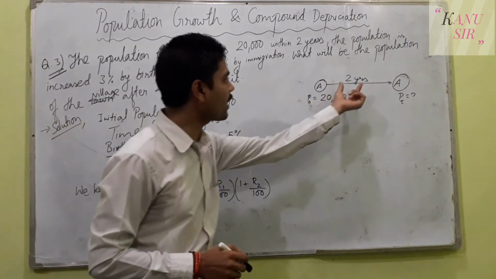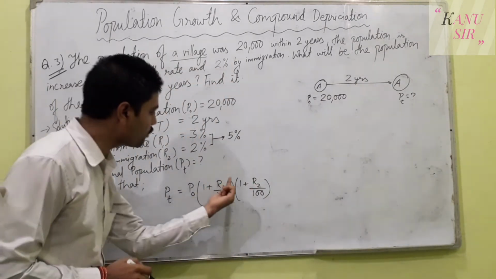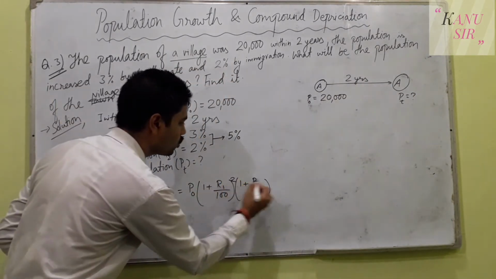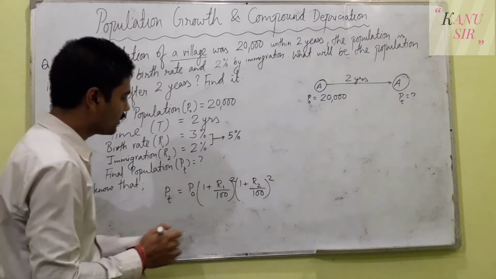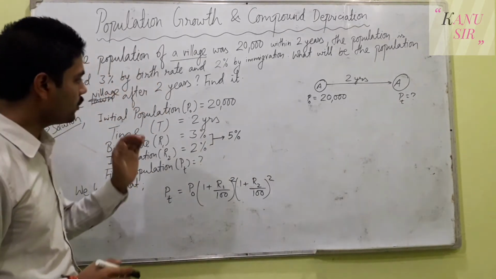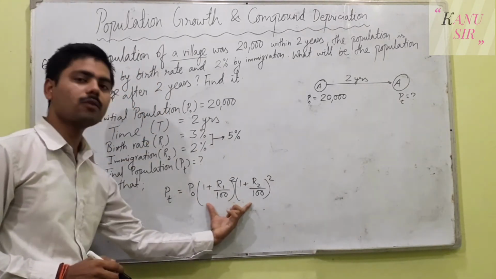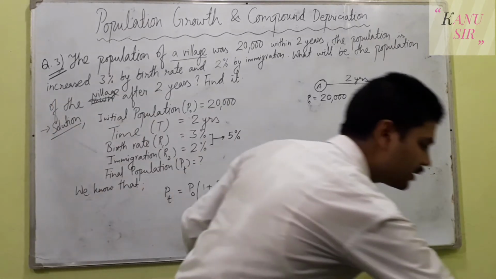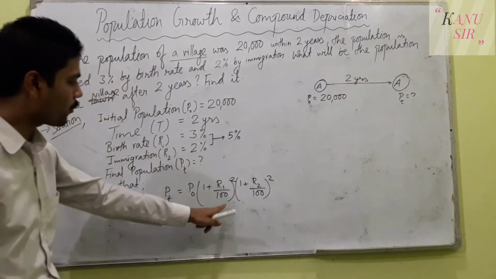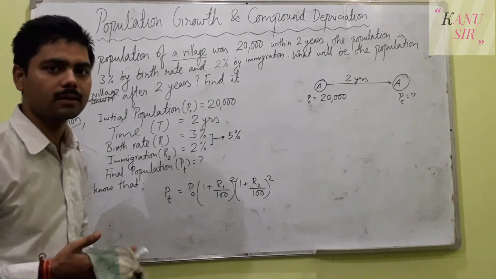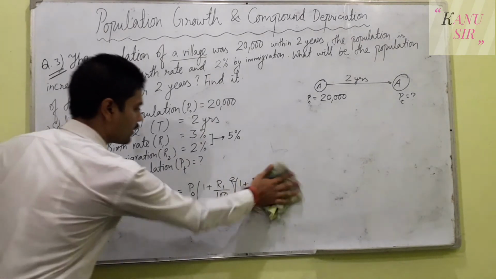But here the question has asked for 2 years, then where shall we put it? Either here we shall put 2, or simply this is the first year and second year. But you must understand, this formula is wrong here. I have written this formula to make it clear that this formula is not applicable for this question. Then how shall we use it?